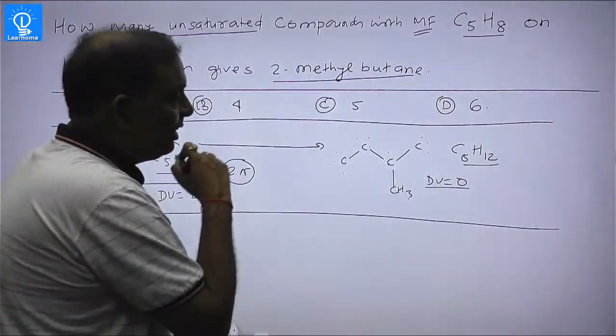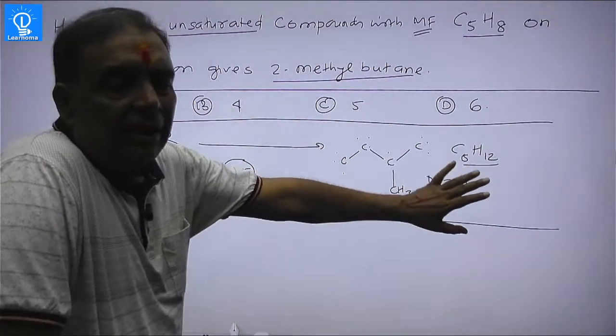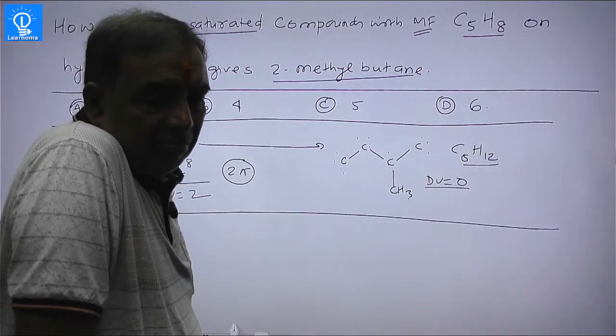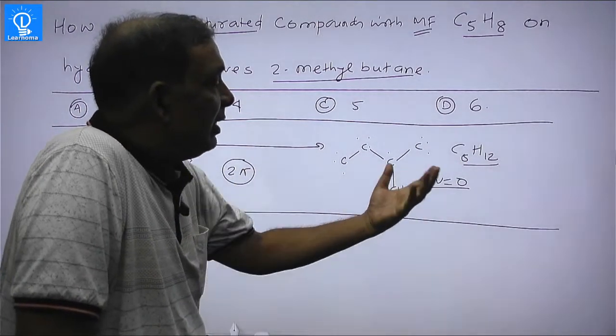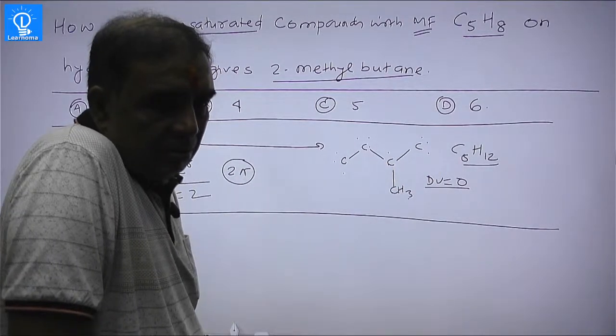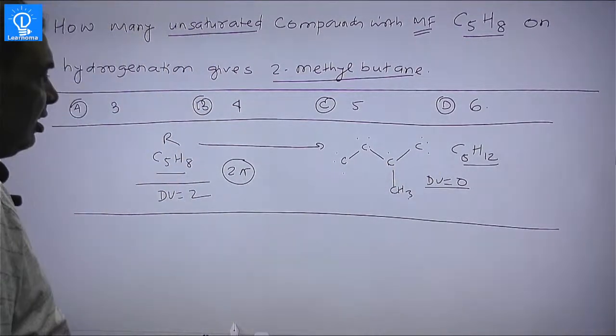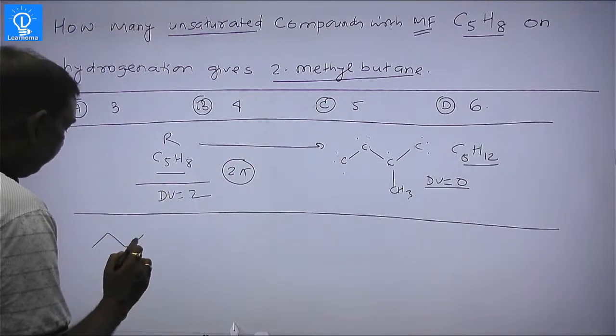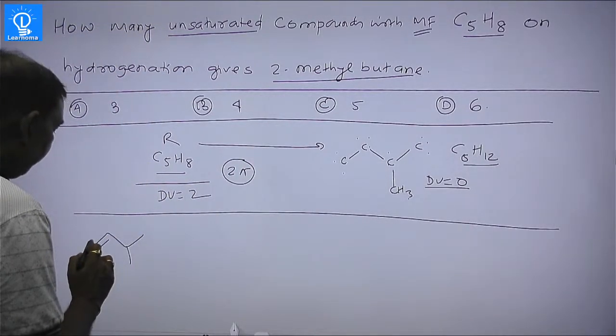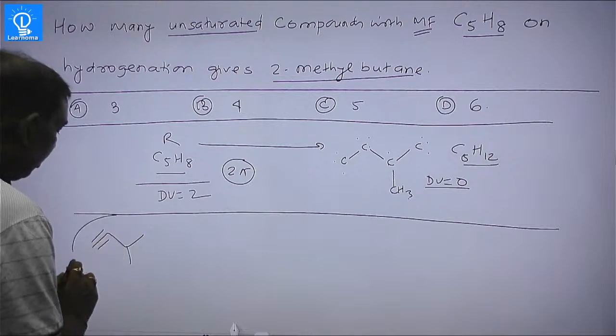What does this mean? You have to arrange 2 pi bonds on this skeleton. In how many ways can 2 pi bonds be arranged? See, suppose 2 pi bonds at one carbon, alkyne. There is only one alkyne possible.